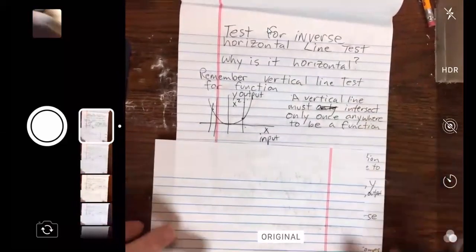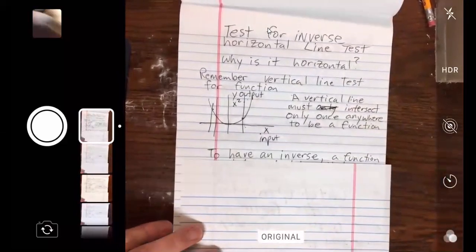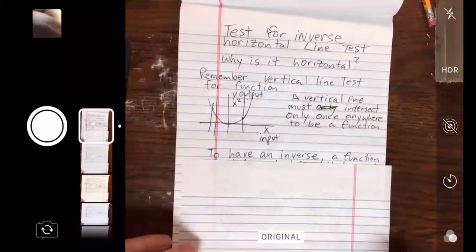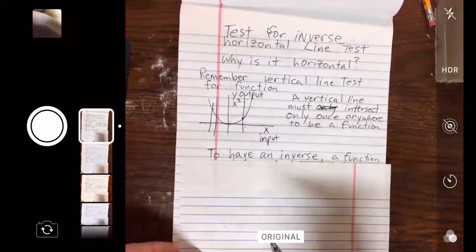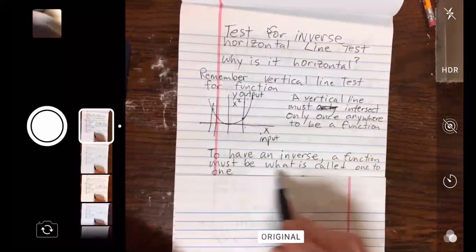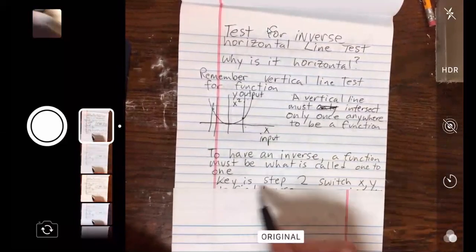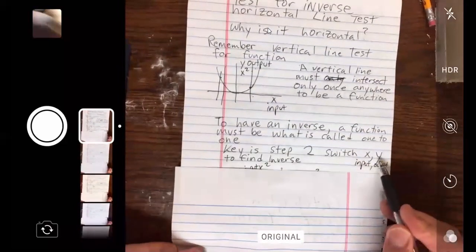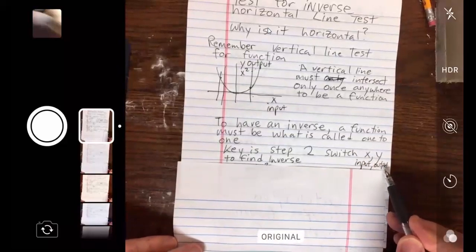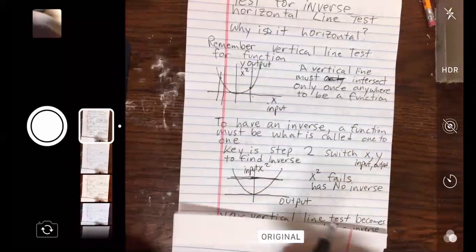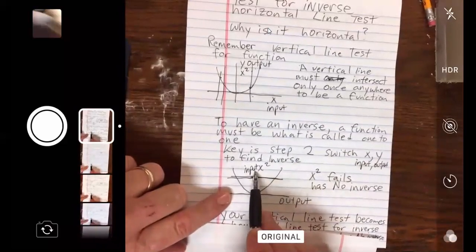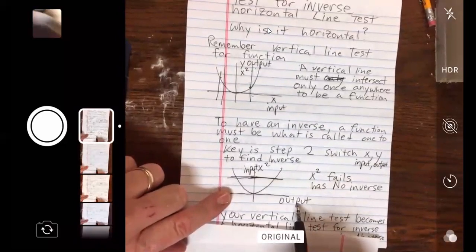Okay, well, if we then go on to have an inverse, the key is that step 2, switch the x and y. The function has to be what's called one-to-one, and the key is step 2. When you switch your x and y, you switch your input and your output. So to find your inverse, I'm showing the same x squared curve, but with step 2, your input is now on your y and your output is x.